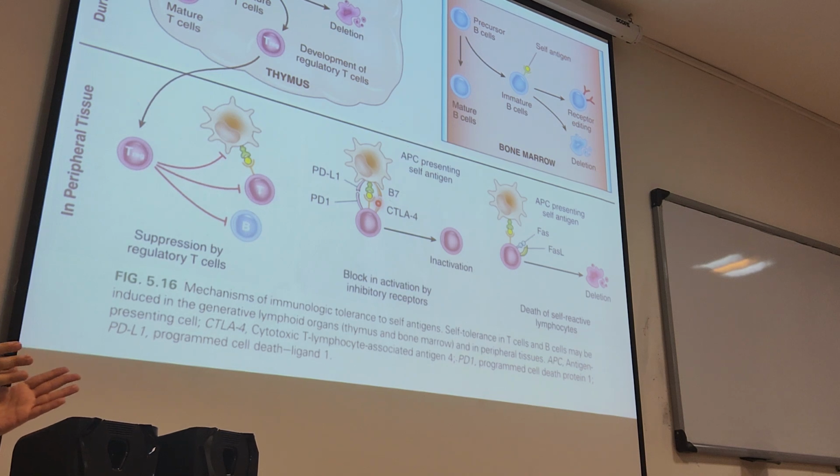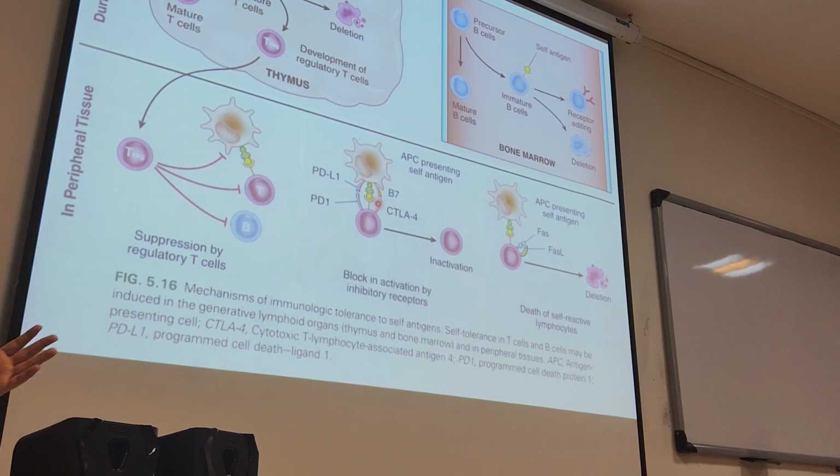We had MHC on the surface of antigen presenting cells and the T cell receptor, and we had signal 1 and signal 2, by interaction of CD28 and CD80 or CD86, the B7 molecules. Yeah, this was signal 2.